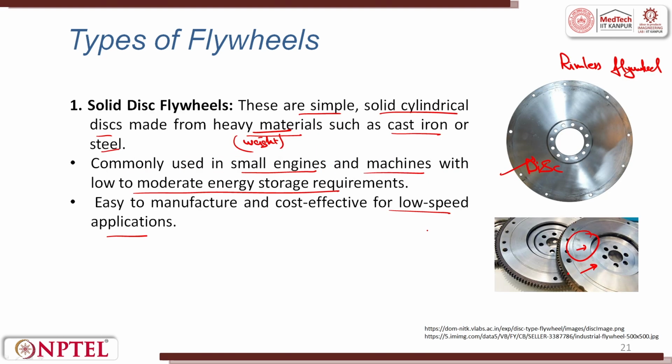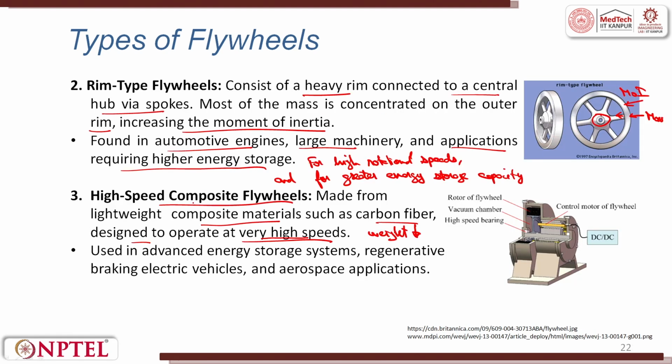In the other type, the weight was supposed to be heavy, in the solid disc type. So here in the composite type, as the name suggests, the material has to be lightweight. So speed is supposed to be high here. These are used in advanced energy storage systems, that is regenerative braking, electric vehicles and aerospace applications.